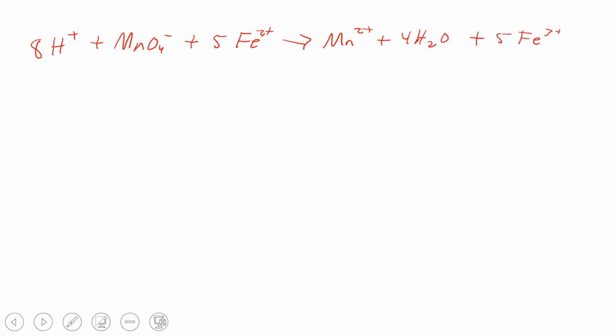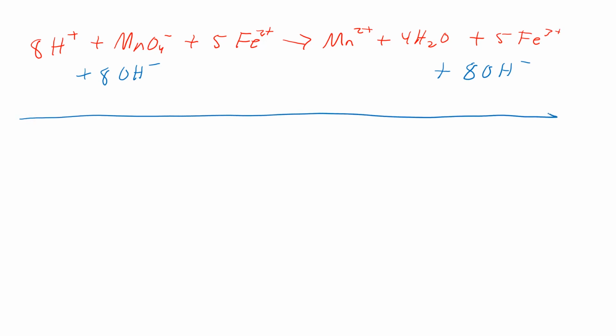So we have 8 H pluses. That means that we need to add 8 OH negative to each side. So when we do that, H plus and OH negative, when you put those together, we know makes water. So H positive and OH negative will give us water.